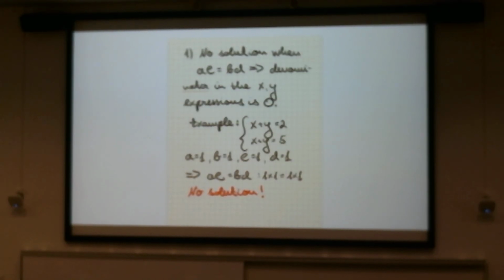Exactly, I wrote the system in such a way that it follows the rule, but it's a contradiction, obviously. x plus y needs to be equal to 2, but at the same time the addition thereof needs to be equal to 5. So obviously there is no solution. You cannot satisfy both of them simultaneously, but you see that in this case, indeed, a times e is going to be equal to b times d. So this is one of the cases.